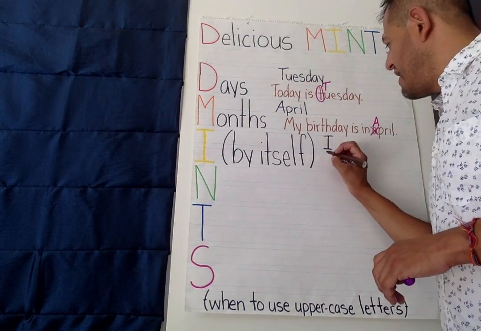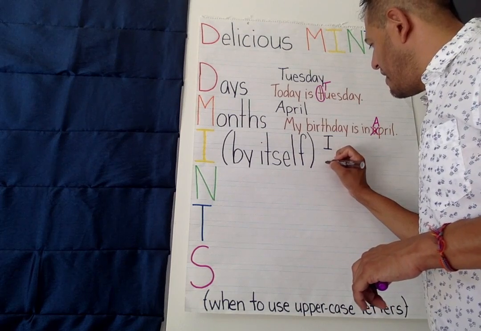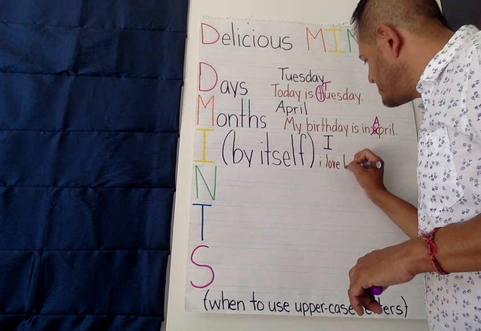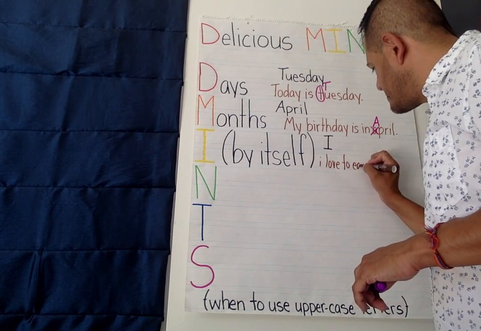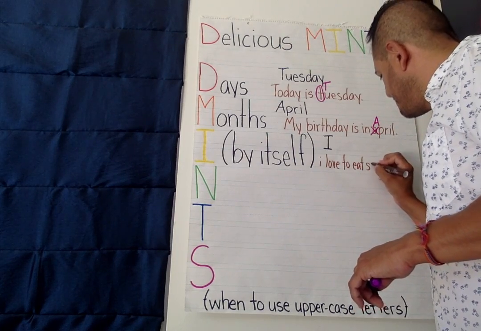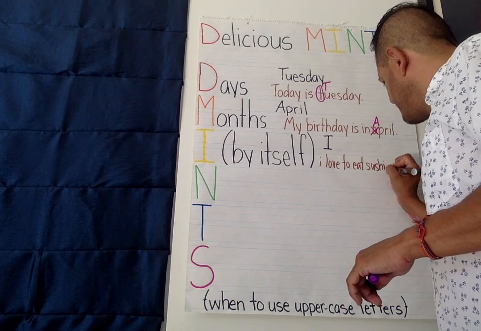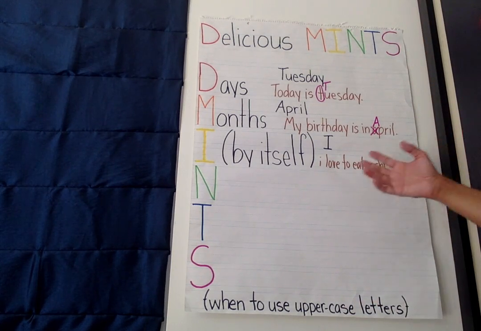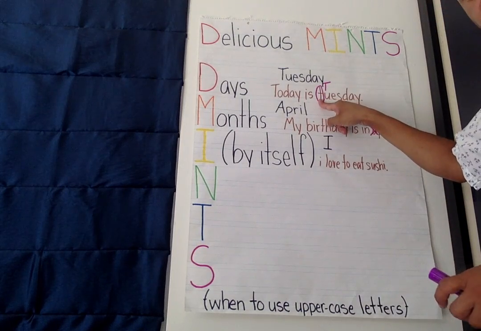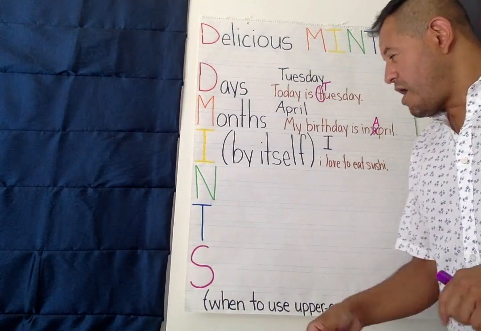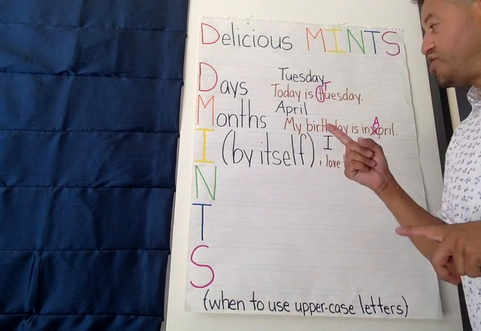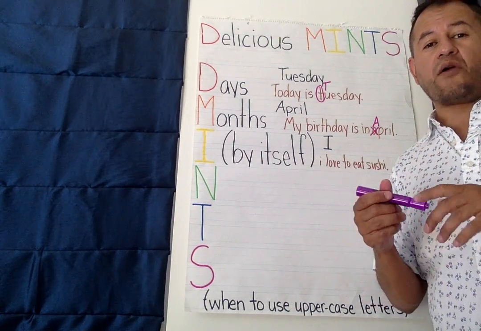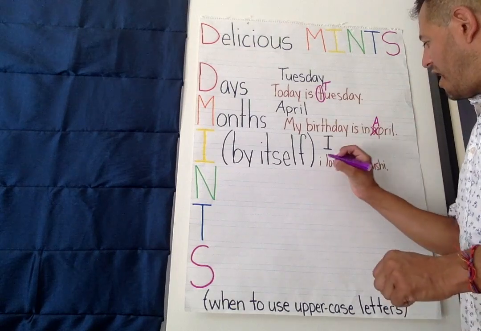Let's see. I love to eat sushi. There's my sentence. What I can do now is maybe in my sentence, I don't want to circle it. That's okay. Maybe I don't want to cross it out. That's okay. I think I want to go like this.